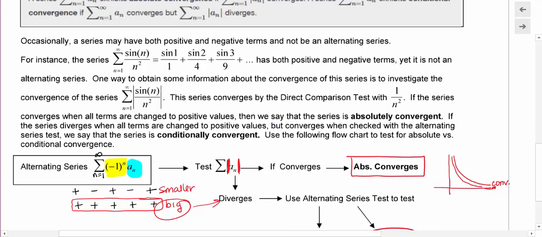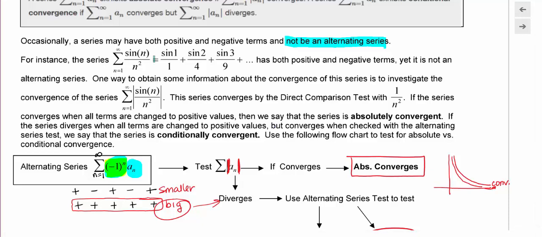One thing also to note is that occasionally a series may have both positive and negative terms and not be an alternating series. So I really want you to focus on this alternating condition piece. For instance, when you have trig, like sine of n over n squared, as n grows and it's going through each quadrant, it's positive in quadrants 1 and 2, but then it's negative in quadrants 3 and 4.